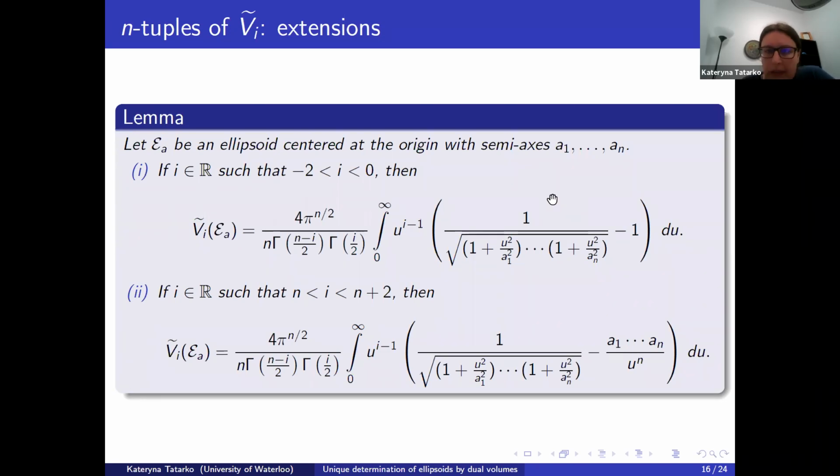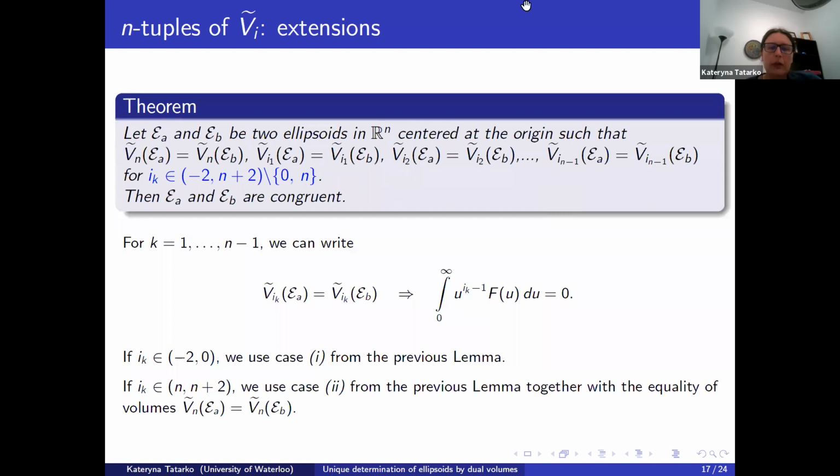And the second difficulty: if we want to obtain the result for any n-tuple where the indices of these dual volumes fall outside of the interval 0 to n, and if we want to get a positive result for the previous question, we actually need to fix some certain conditions among the relations that we start with.